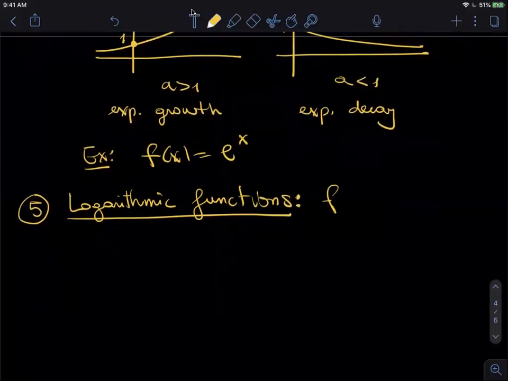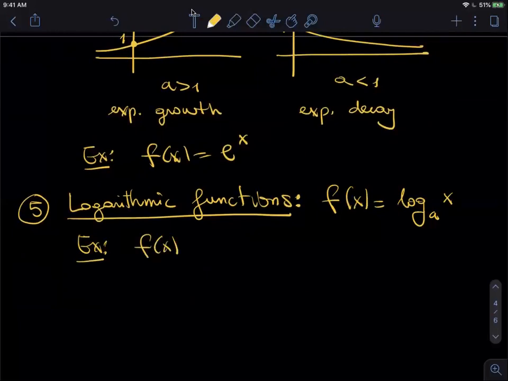These we write f of x equals log base a of x. This a we call the base of the logarithm. For example, there is one that we need to single out, when a equals the number e. In that case, we use the notation ln, which means Neperian logarithm or natural logarithm.